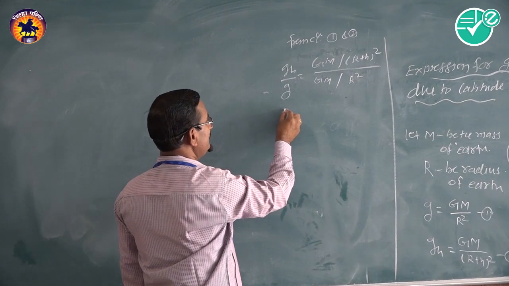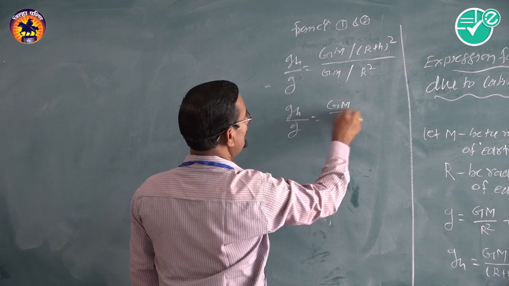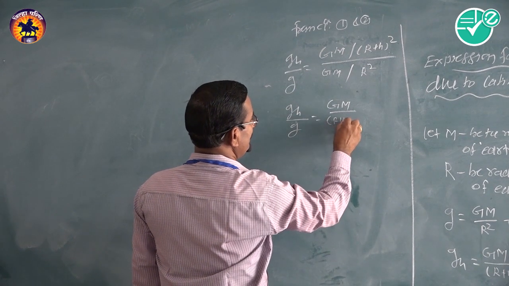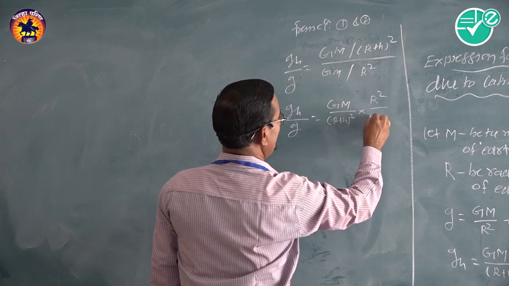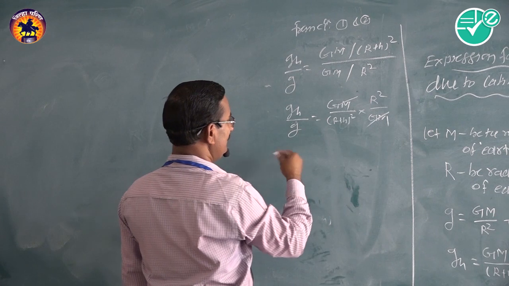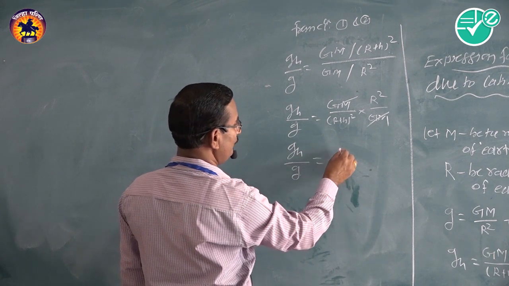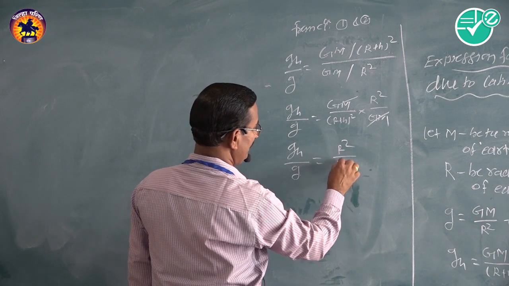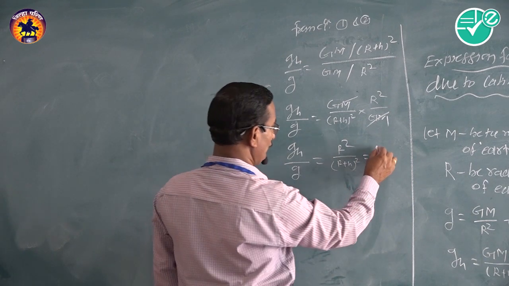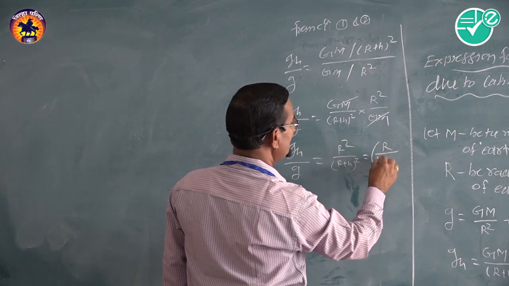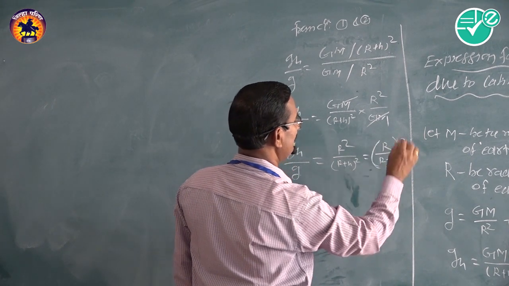Then simplify it: g h by g is equal to G capital M upon (R plus h) whole square into R square by G M. Then G M gets cancelled and the remaining thing is g h by g is equal to R square by (R plus h) whole square, or it is also written as (R by R plus h) whole square.